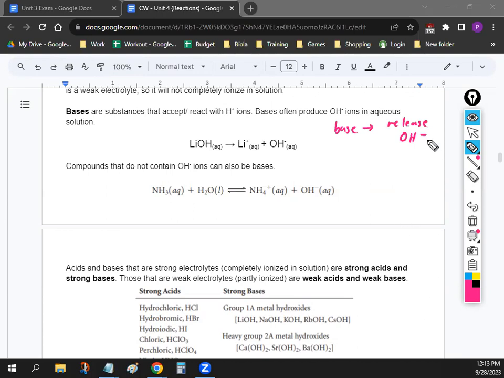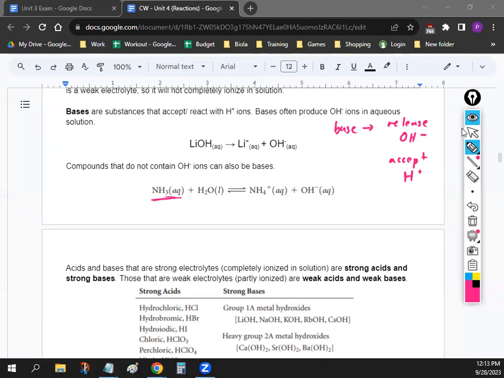Okay. So bases, one definition is they can release OH minus. The other definition, so there are some bases that don't contain OH. So for example, OH is not within ammonia. But ammonia is a base because the other definition is that they can accept H plus. Okay, that's the other definition.